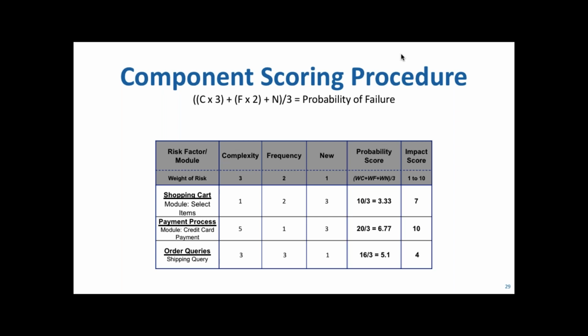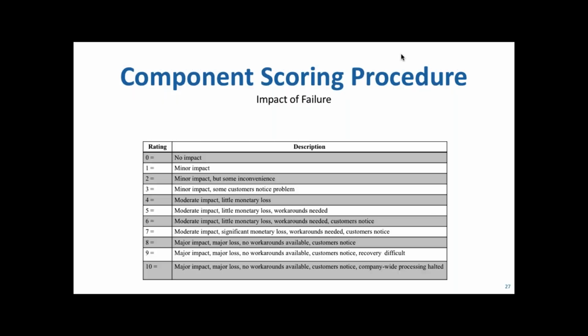And then previously we determined that the impact score is 7. So let me go back for just one moment. And 7 is moderate impact, significant monetary loss, workarounds needed, customers notice. So that makes perfect sense if we have a problem with our shopping cart.